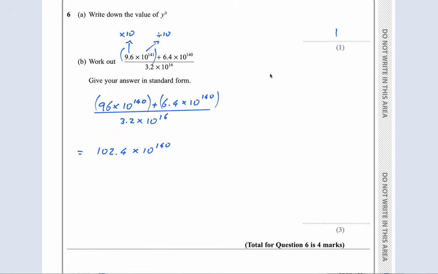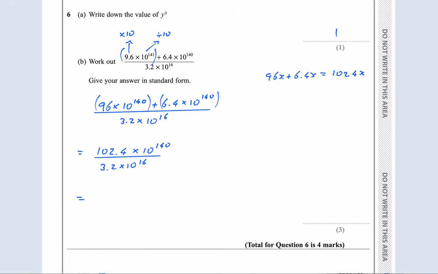It's like 96x plus 6.4x equals 102.4x. Now, obviously, guys, you don't have to write that, but I'm putting it there to help explain. And then this is over 3.2 times 10 to the power of 16.